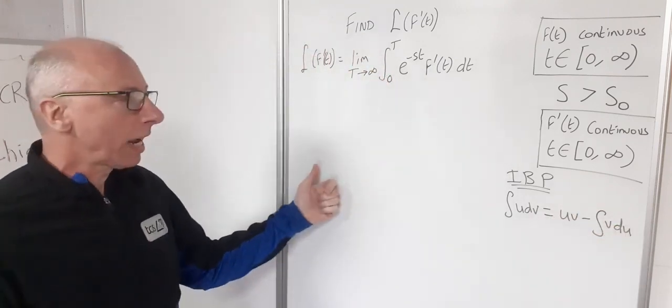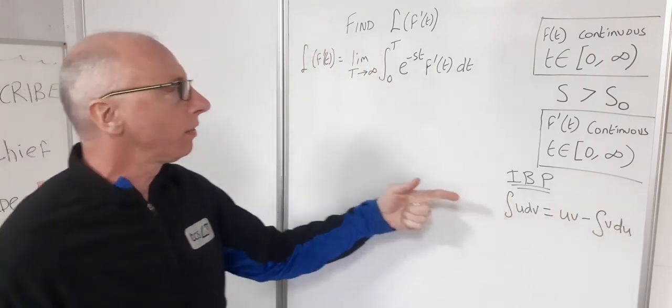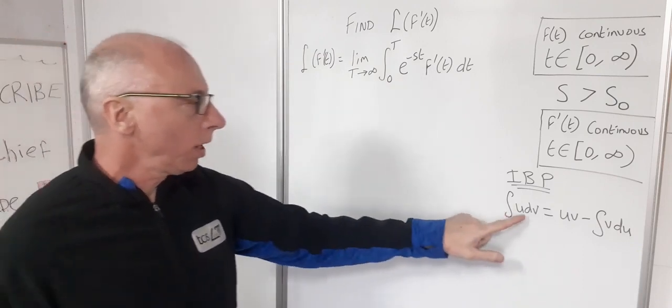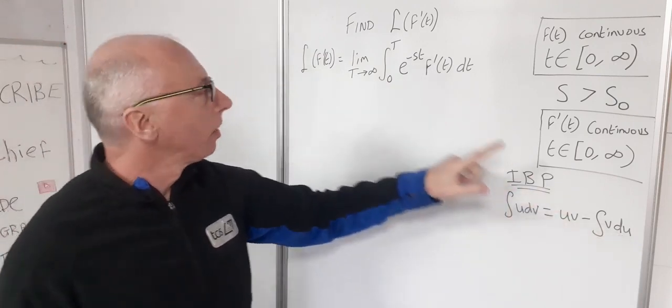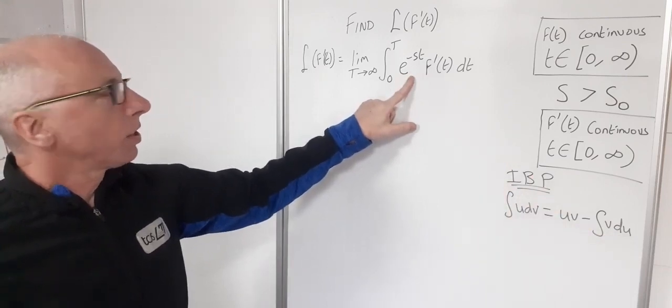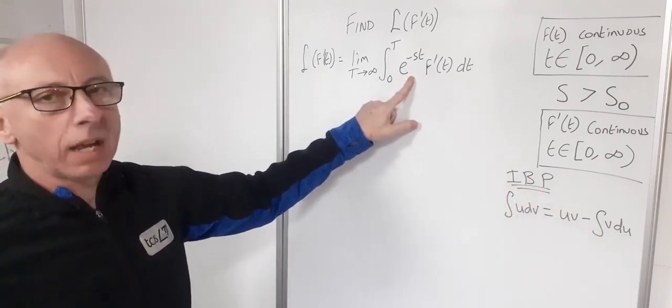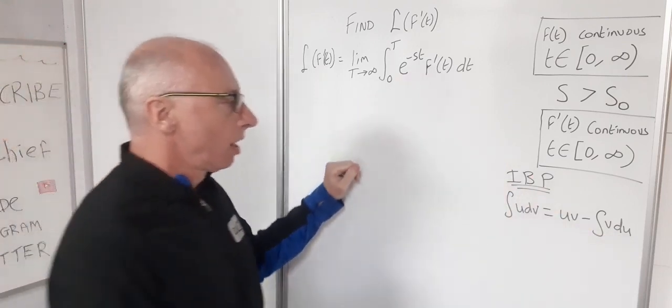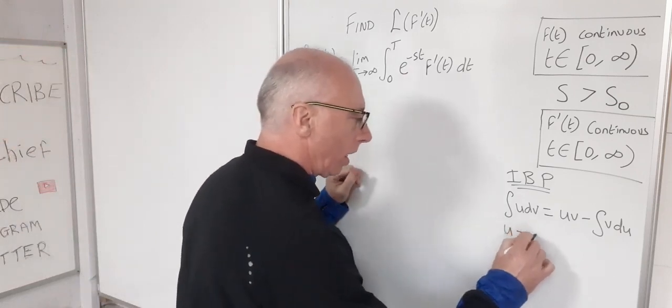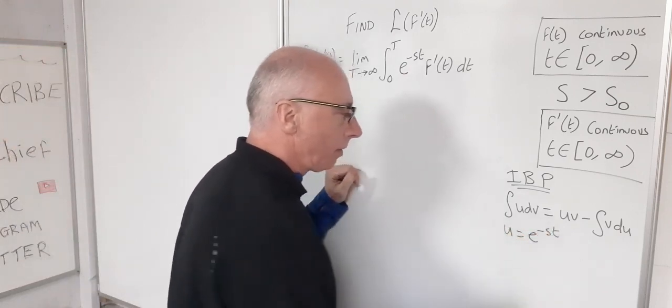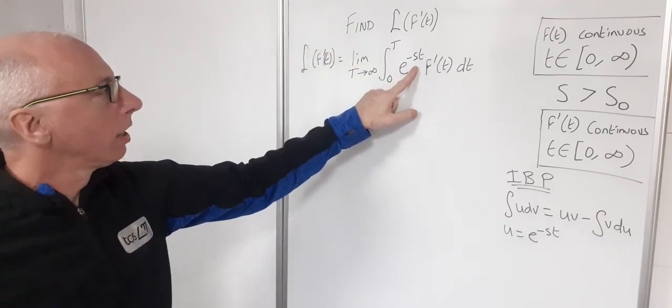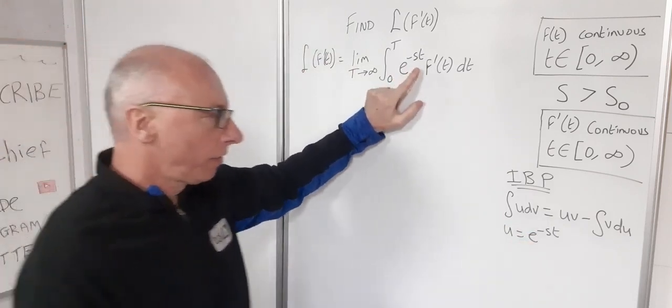So I just need to work out what my u is and my dv first. Well, u here, I need to take the derivative. This is the easiest one to take the derivative of. So let u equal e to the minus st.